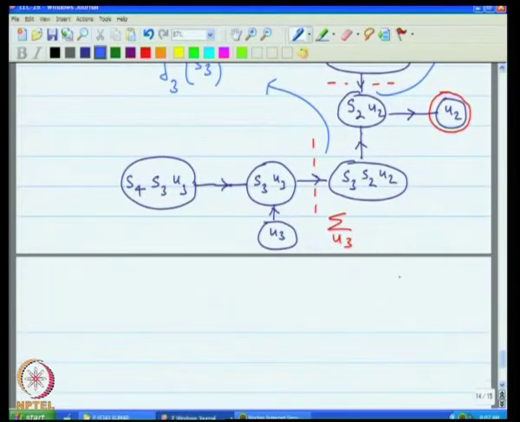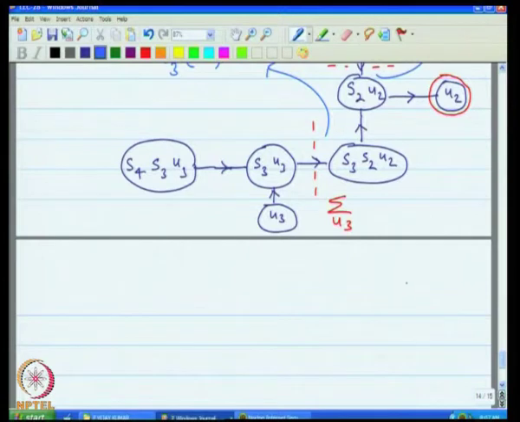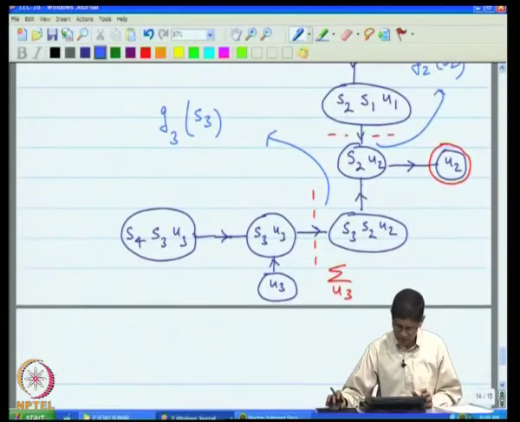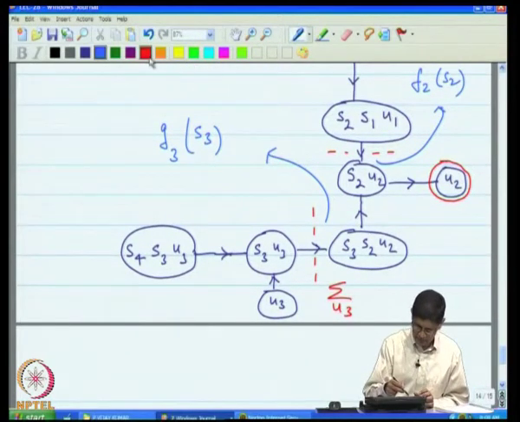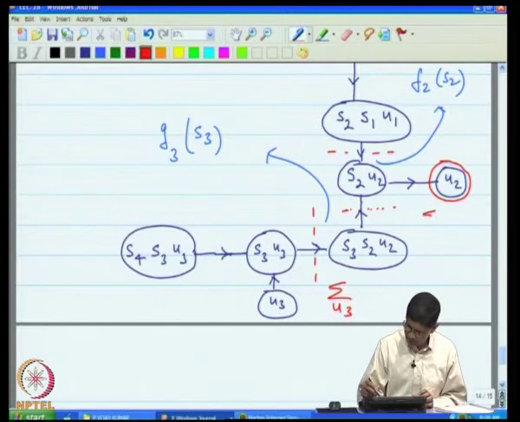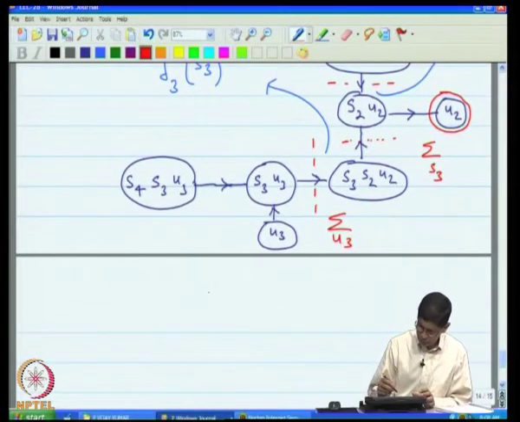So, the final computation is then, you take, there is a further marginalization that is carried out here, and this is a marginalization with respect to S3.